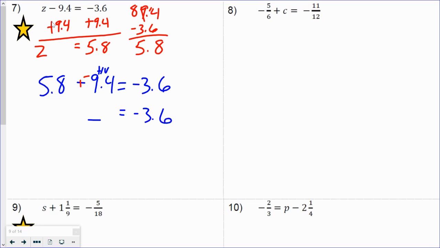But we got to still do the work to find out if it's going to be the correct answer that we want. So minus, I got to do some borrowing again. That becomes 8. 14 minus 8 is 6. Line up our decimals. 8 minus 5 is 3. We have a negative 3 6/10. Yes, my answer works.